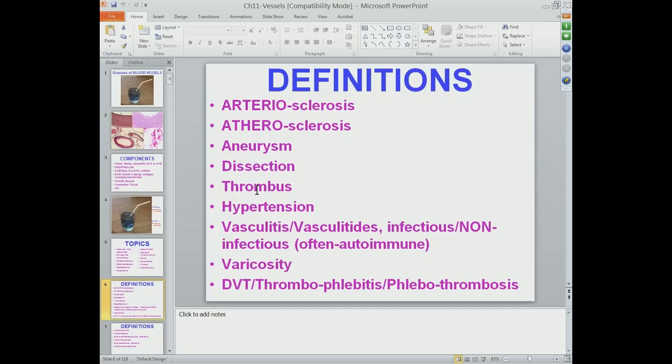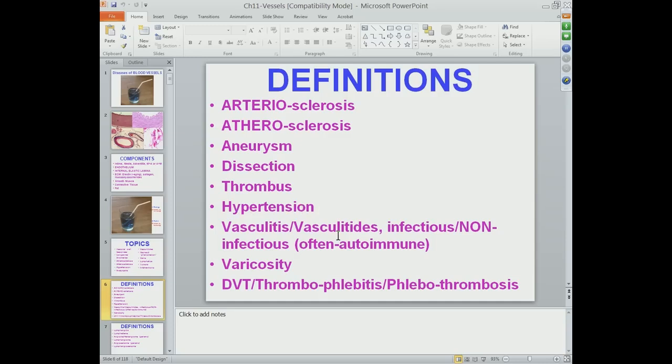That's a blood clot that forms within a blood vessel wall. We'd spend a lot of time on that. We all know what hypertension is. It's increased arterial pressure. And to make things very simple, if a sustained systolic is greater than 140 and or a sustained diastolic pressure is greater than 90, sustained, that's hypertension.